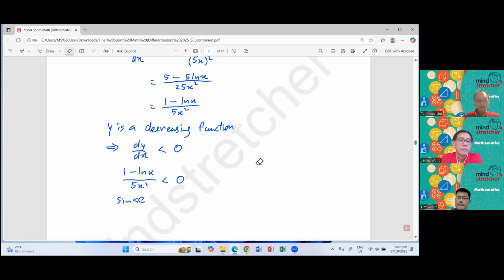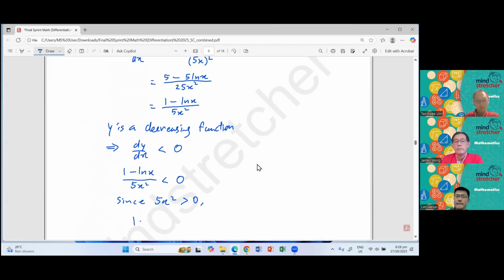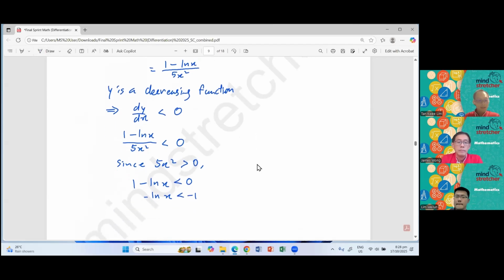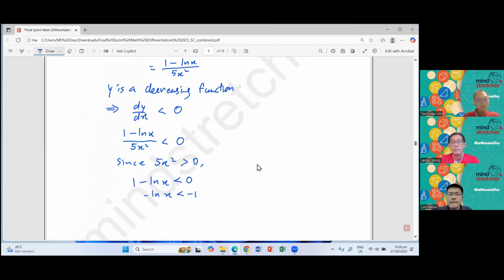Let me rewrite this a bit. Since 5x squared is greater than 0, we can just consider the numerator, 1 minus ln x less than 0. We can rearrange this to negative ln x less than negative 1. Multiplying by negative throughout, this becomes ln x greater than 1, with a change of sign in the inequality.